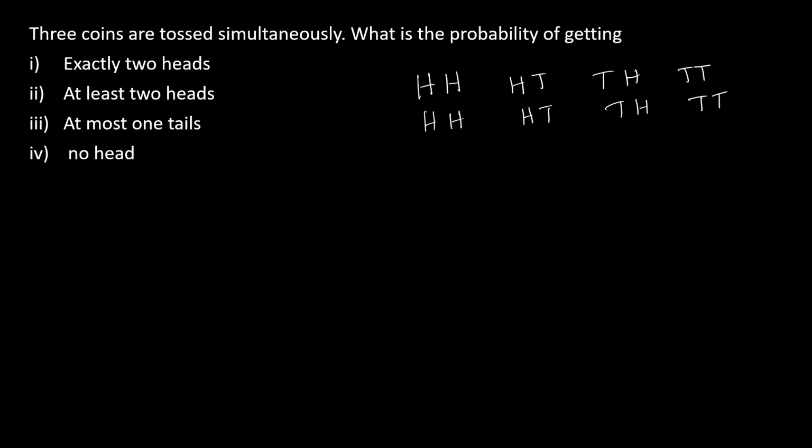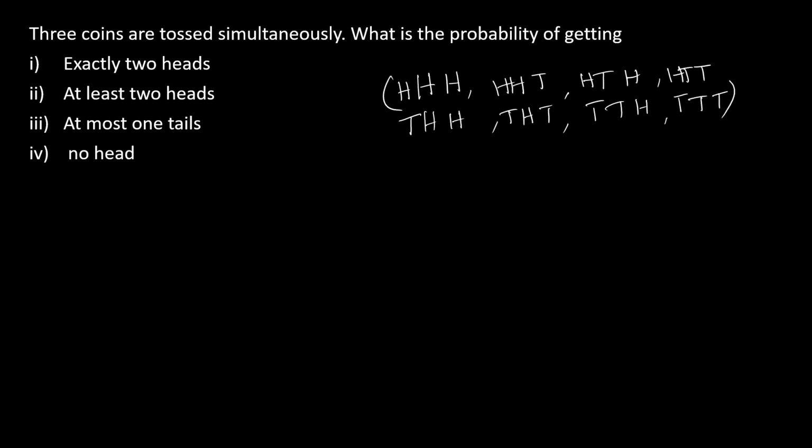Now in the second line, write the same thing. In the first line you add H before the outcomes, and in the second line you add T before the outcomes. So now we got 8 outcomes. When 3 coins are tossed, you will get 8 outcomes.